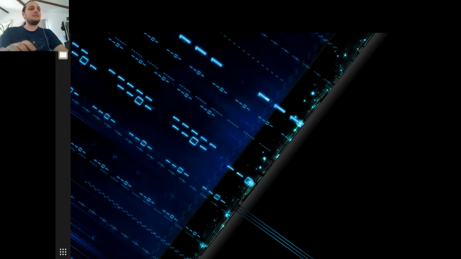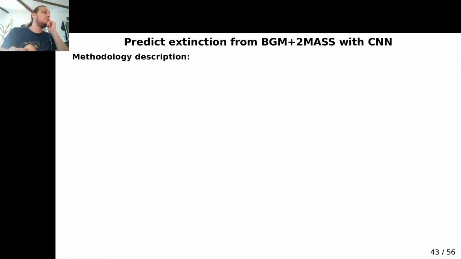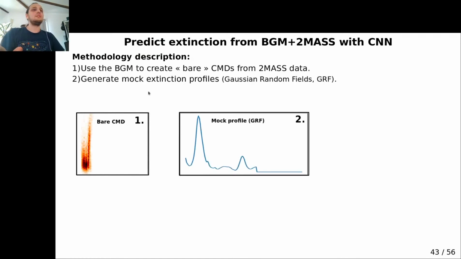So the main component for us is dust and not gas, but there is actually a bunch of papers that show that Gaussian random fields are a nice way to model the extinction. Obviously, it can be done in much more complex ways. We did it in a simple way.